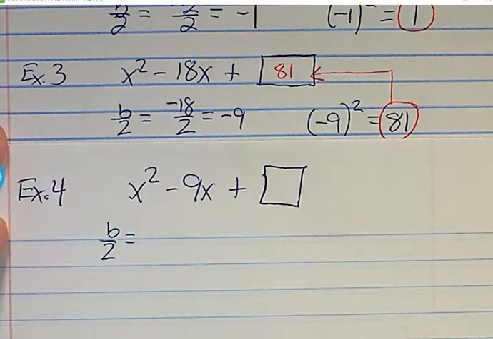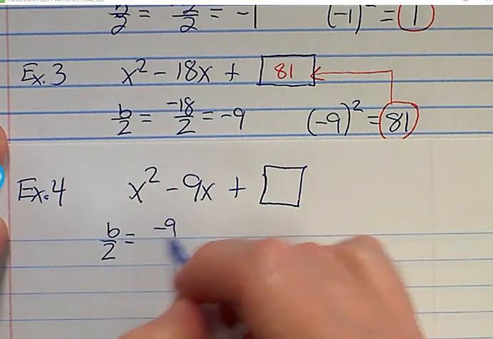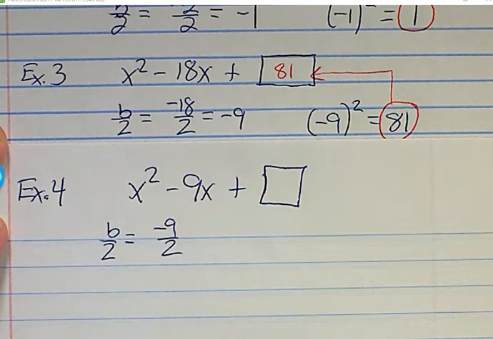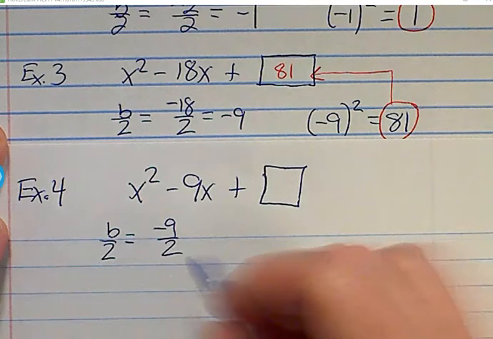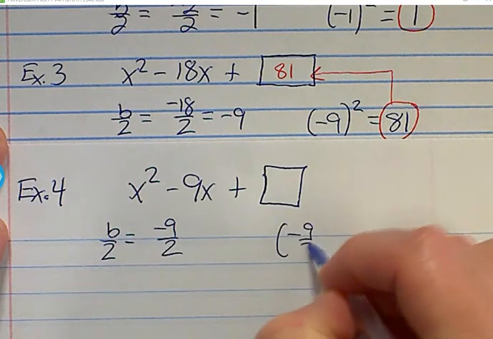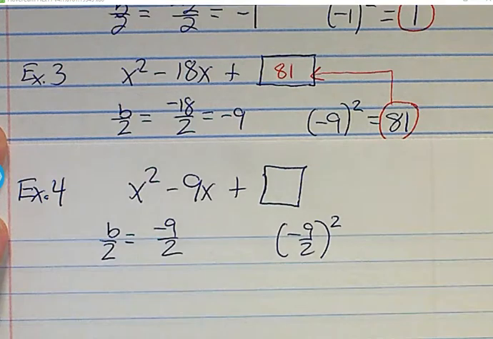Okay, same setup. You're still going to take your b term, which is negative 9, and divide it by 2. But then you're thinking, okay, that's a fraction. What do we do? Well, don't make it a mixed number. Even though it's improper, just leave it as negative 9 over 2, and then square it and see what you get.